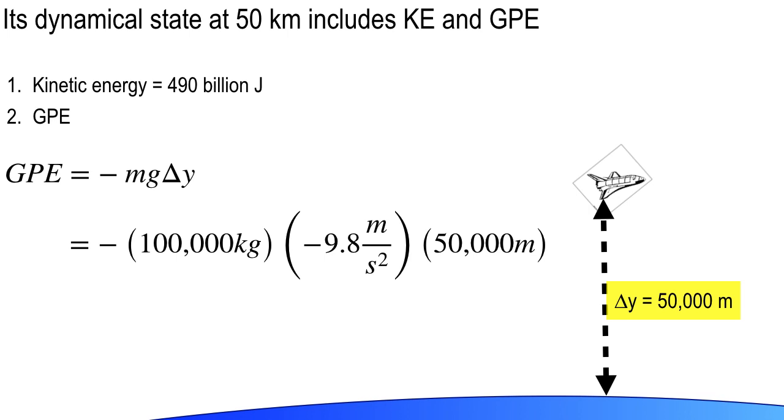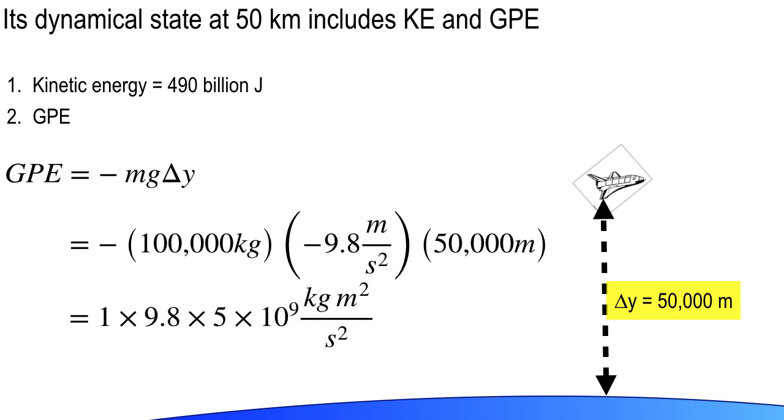Put a little side note to this: this is an estimate, because the acceleration due to gravity up at 50 kilometers is going to be a little bit less than 9.8. This is a brute force estimate, but it's good enough for government work. Up at 50,000 it might start at 9.72, and by the time it gets down to the ground, 9.80. But this is good enough for us for today.